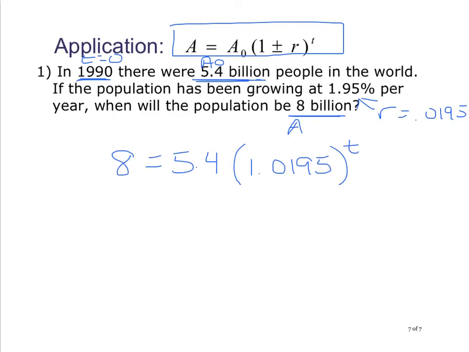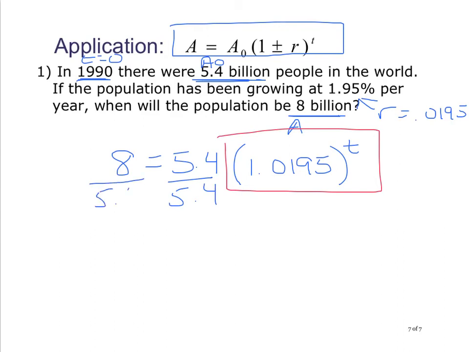From there, you're just going to isolate. Your goal is to get this isolated. So I'm going to divide by 5.4. And that gives me 1.4815 equals 1.0195 to the t.